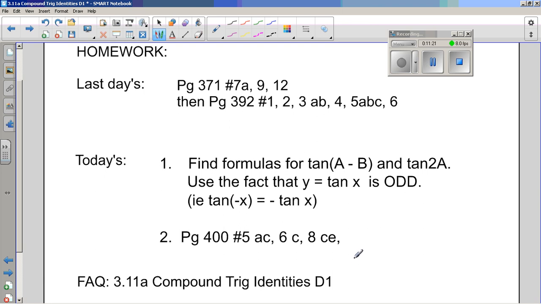And tomorrow, can I promise you no new formulas tomorrow? I think I can. I think you've got all the formulas you're going to need for a little while until we start proving our own trig identities. But then tomorrow is bigger on the homework. Less on the lesson, more on the homework, and we'll talk about that another day. That's it for now.